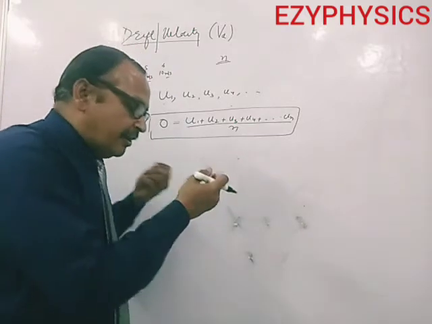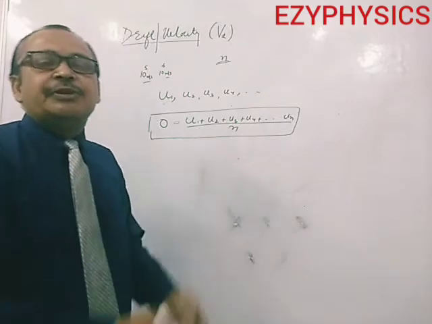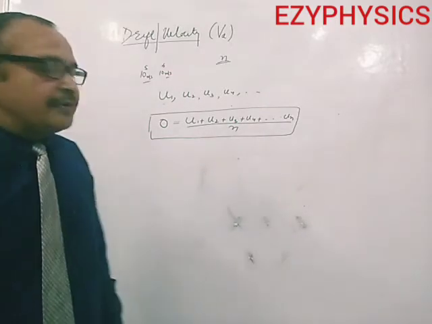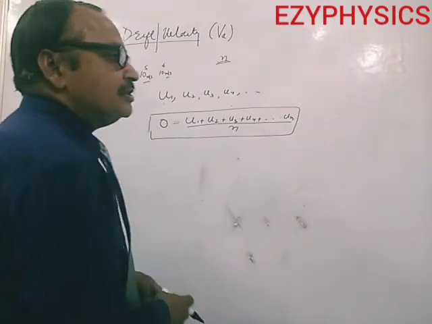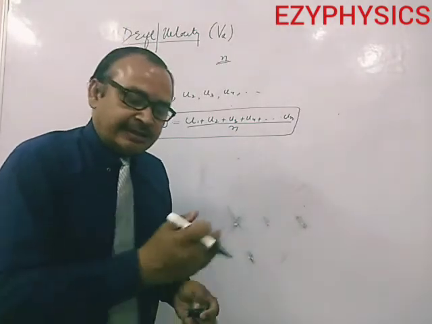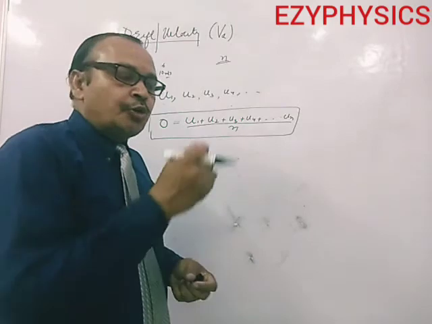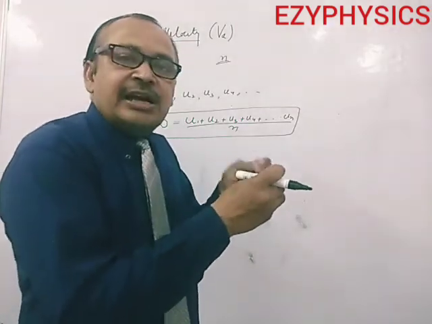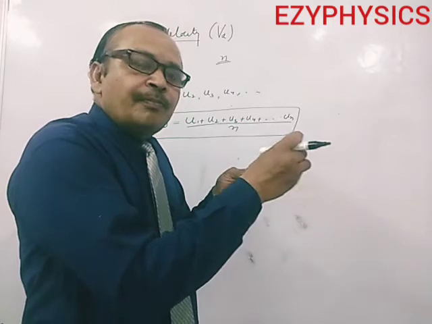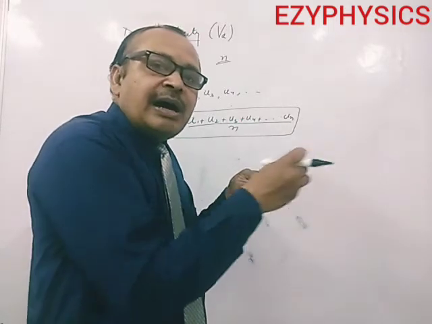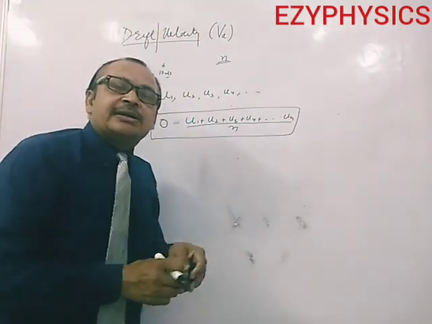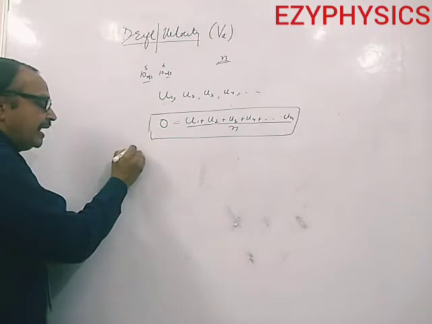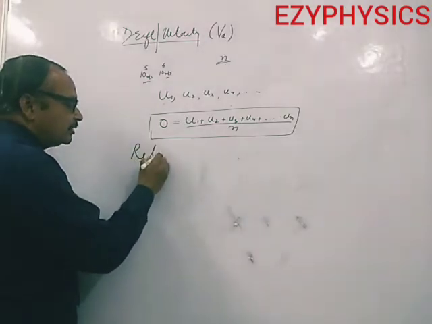But when they drift, they collide with ions and they gain some extra energy due to this collision. With this extra energy, they try to reach the next collision, and there is a time gap between these two collisions, and that is called relaxation time.